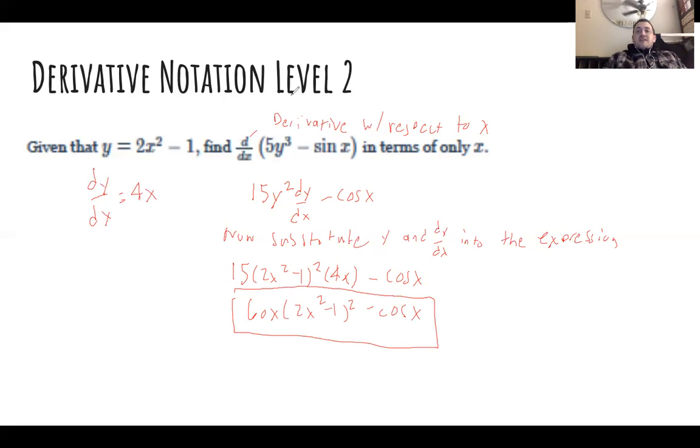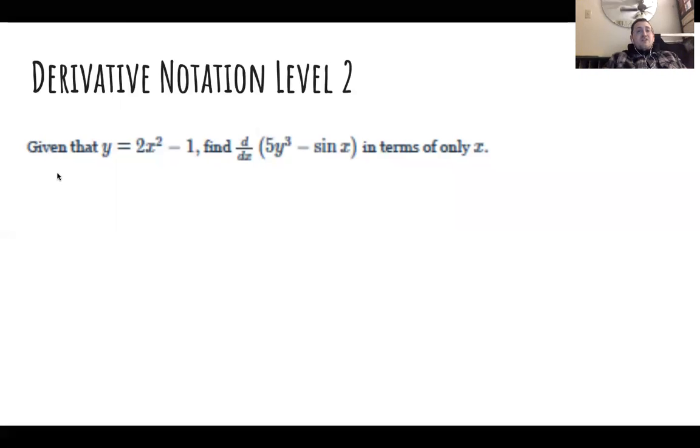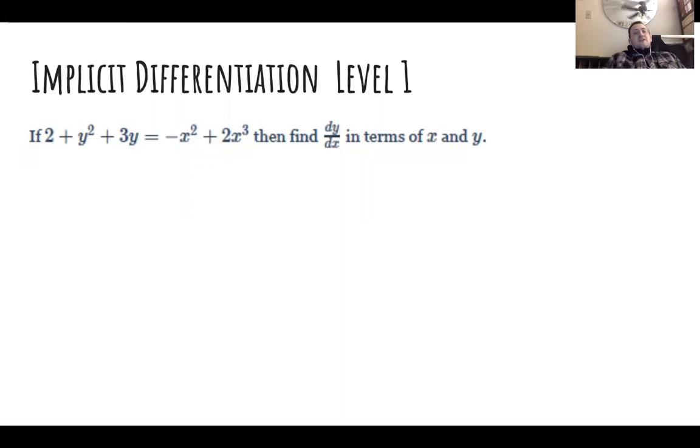Now we're ready to go to implicit equations, and that's where we're going to be doing the full implicit differentiation process. So let's take a look. All right, so what I like to do on this one, I'm going to take the derivative. So the derivative of 2 is 0.